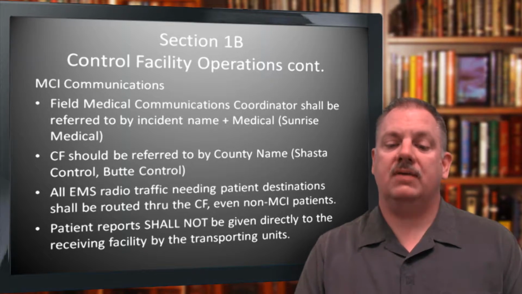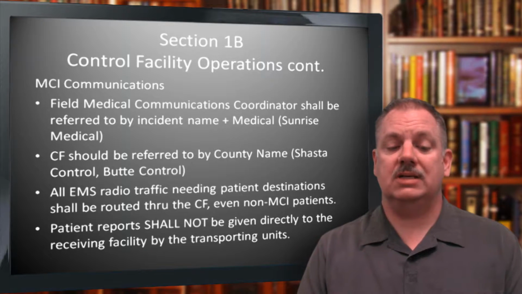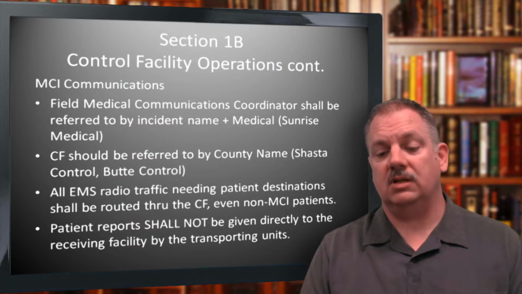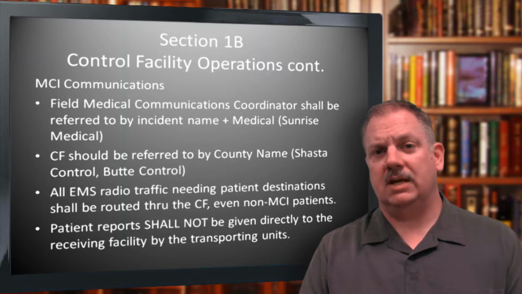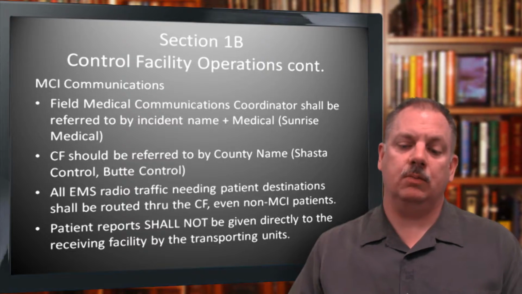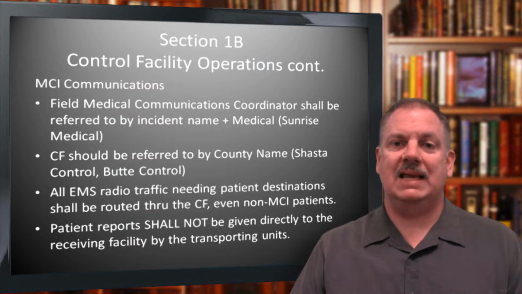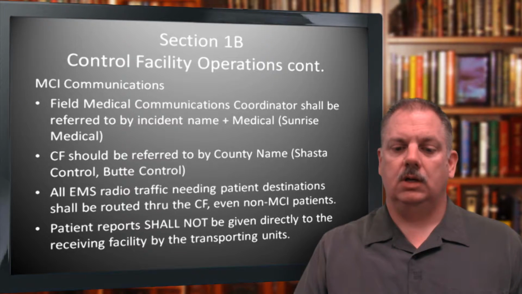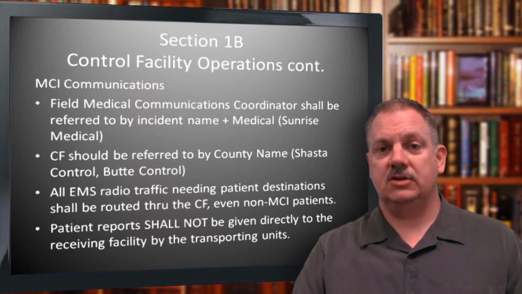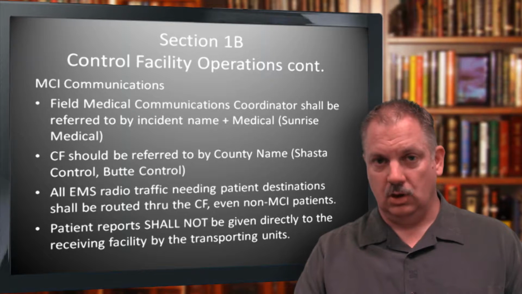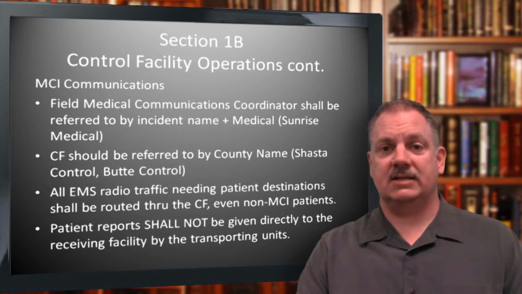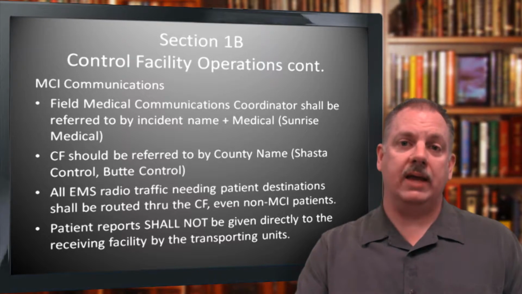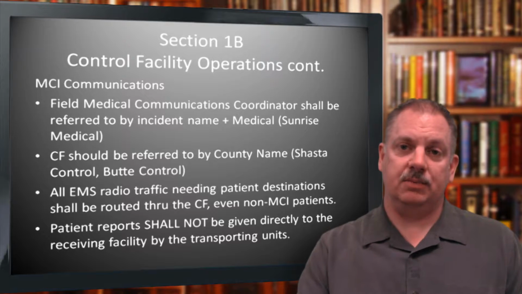All EMS radio traffic needing patient destinations shall be routed through the control facility, even for non-MCI patients. This is very important so that we don't overstress any one receiving facility. So if the control facility doesn't know where the regular ambulance patients are going, ambulance X may be transporting to facility Y with a code blue that's going to take up several resources.